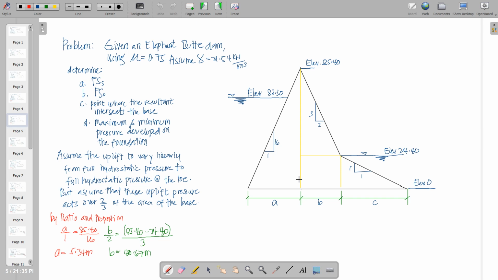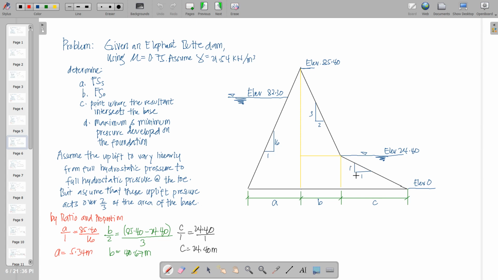We can say that this base here is to 2, and the height of this one is the difference between the elevation 85.4 and that of 24.4. So we subtract that to get this dimension, ratio it to the vertical slope, which is 3. Again, by cross multiplication, we can get 40.67.